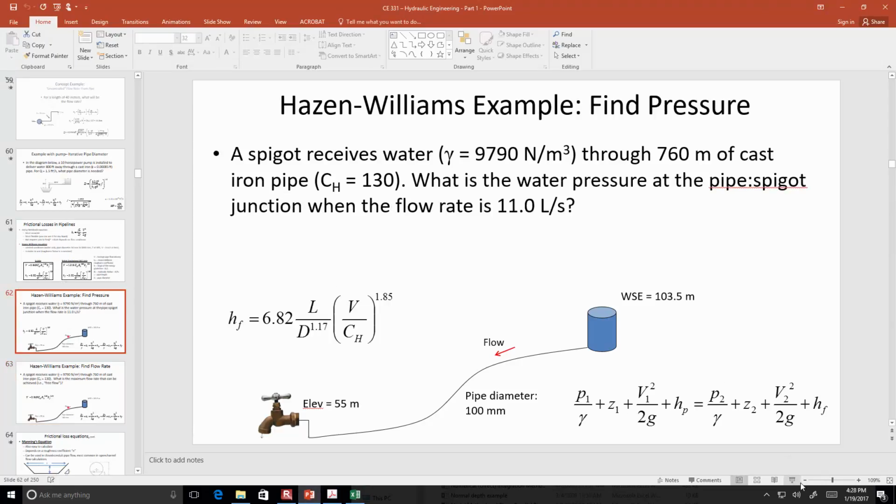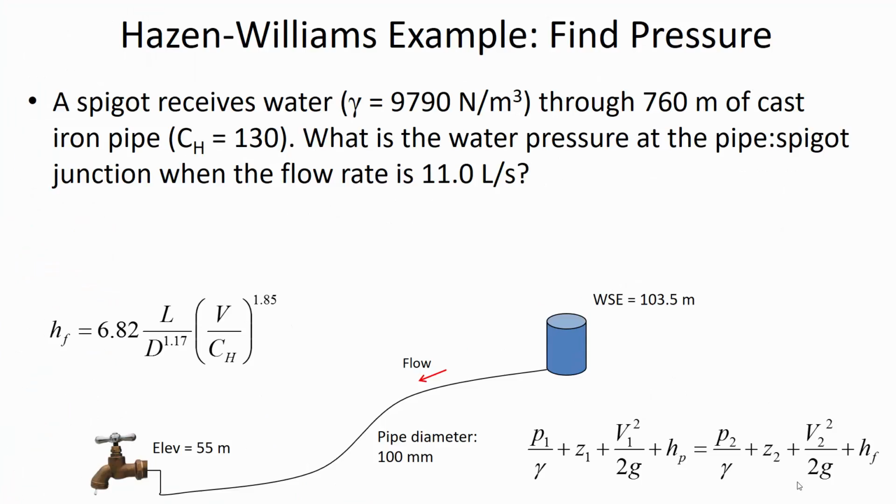I'd like you to draw the energy grade line for this. Because I think there's a concept that probably some people aren't getting yet. And it's a little bit tricky. Remember, the energy grade line shows you how much total energy there is at all points in the system. And so if we're starting at the tank, just do a little sketch.